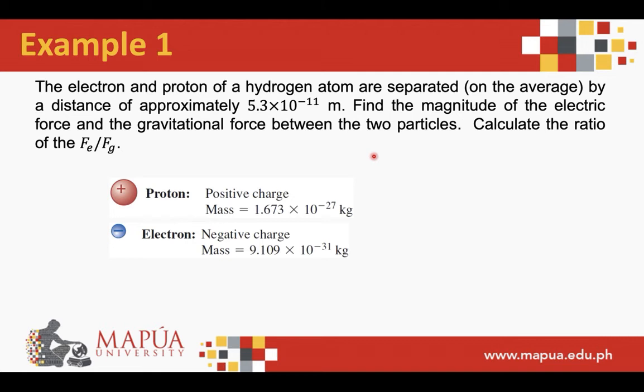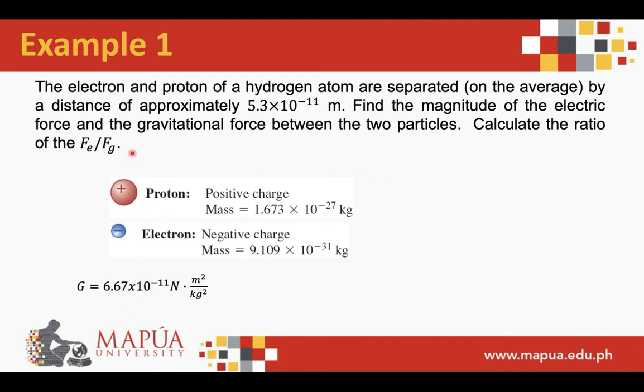Okay, so from the previous slide, the proton has a mass of 1.673 times 10 to the negative 27 kilograms. For the electron, the mass is 9.1099 times 10 to the negative 31 kilograms.